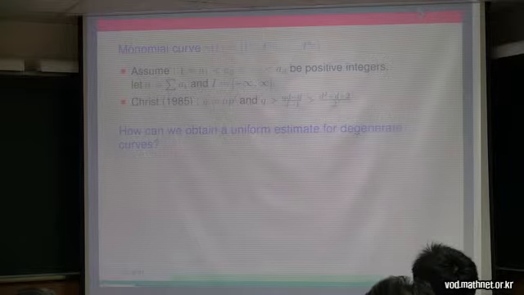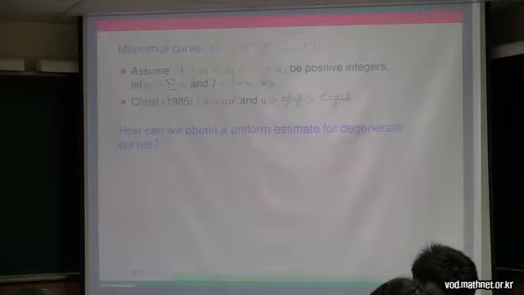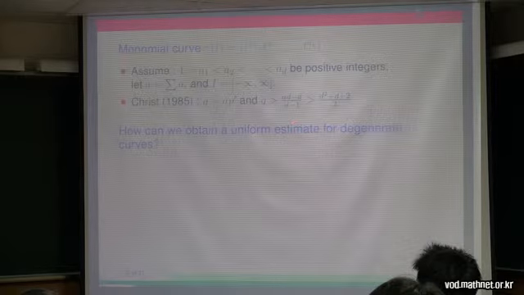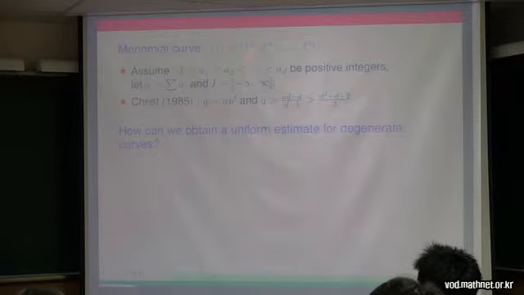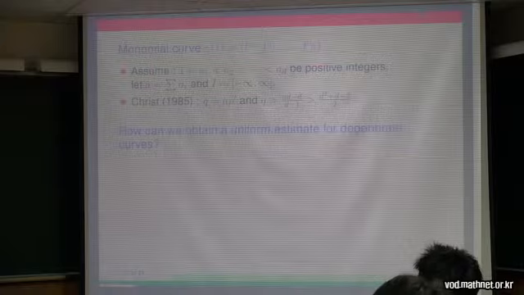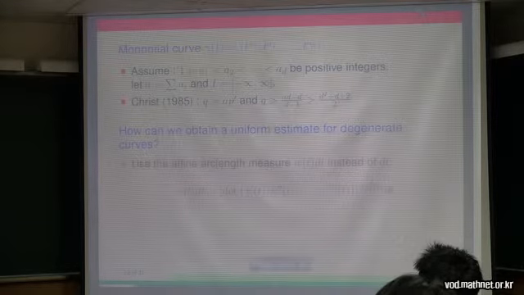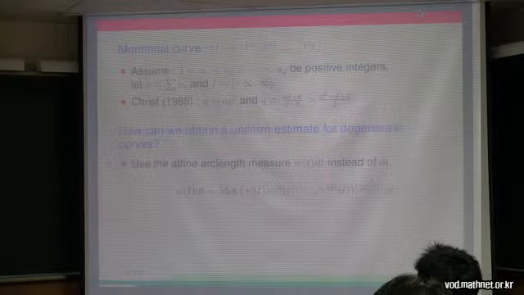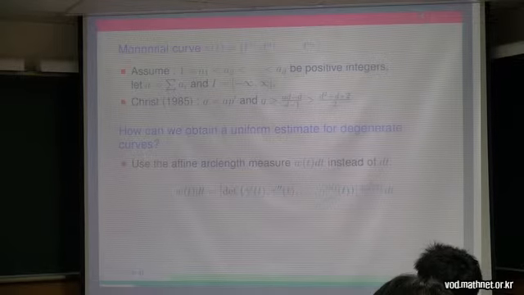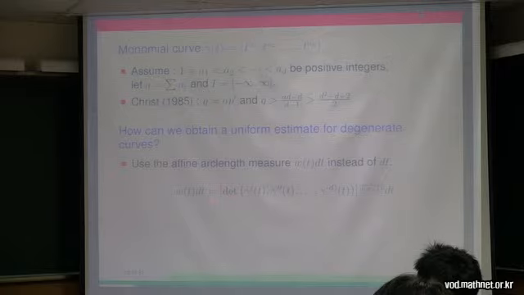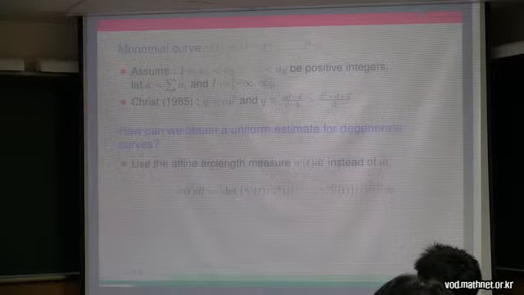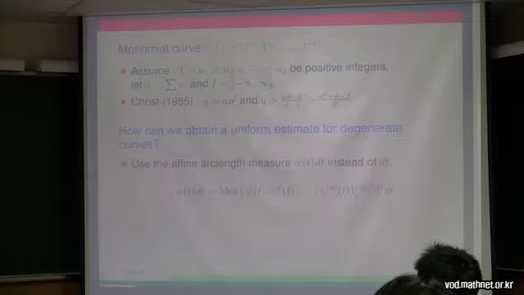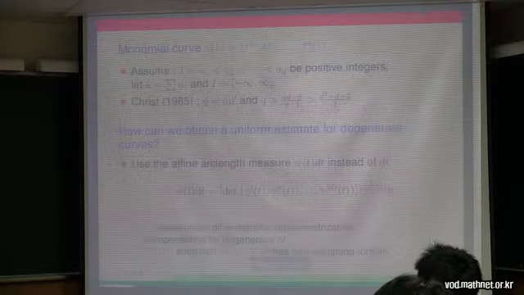Here, uniform estimate means the restriction estimate does not depend on a1 to ad. So the answer is to use the affine arclength measure, w(t) dt, instead of just the Lebesgue measure dt. This quantity is the torsion to some power. This gives a uniform estimate.